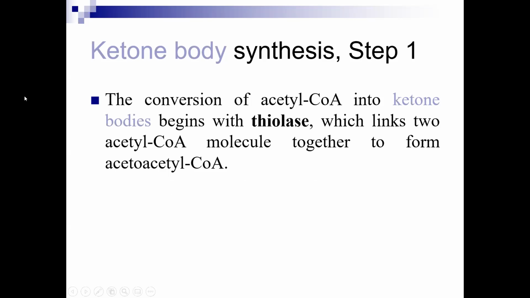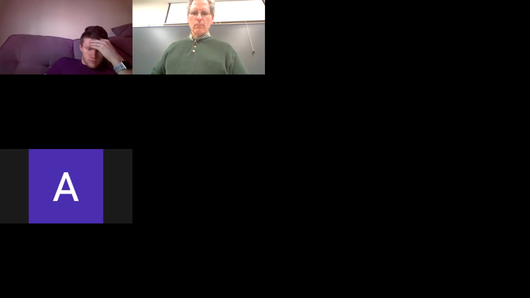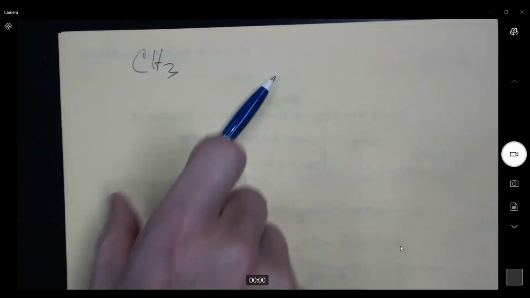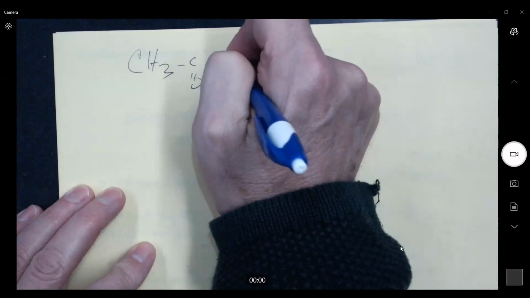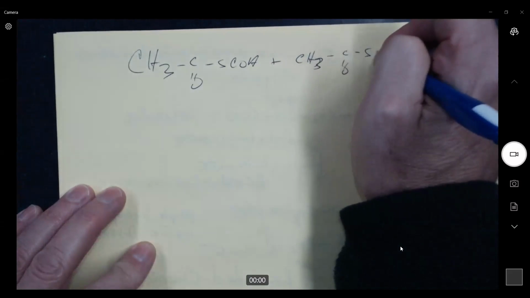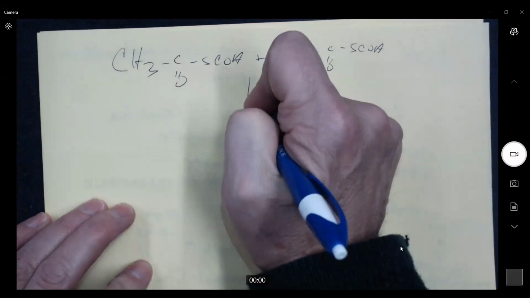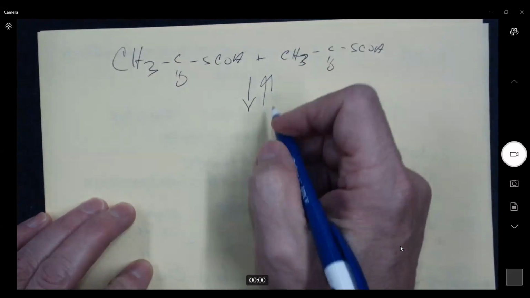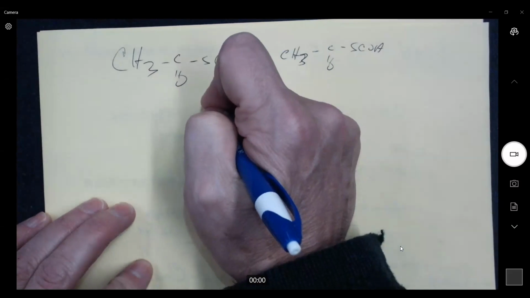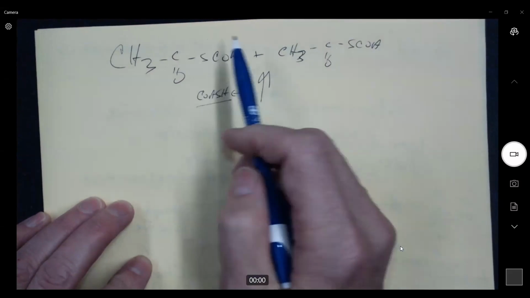So, oh goodness, let's see here. All right, so you get 2 molecules of acetyl coenzyme A. You'll liberate a free coenzyme A. These are high energy bonds.